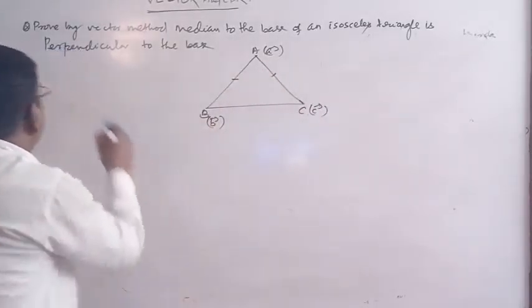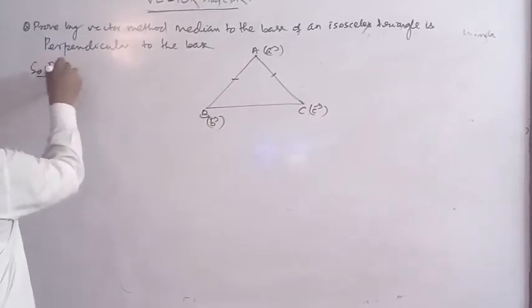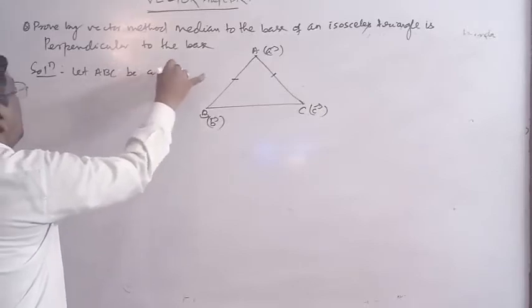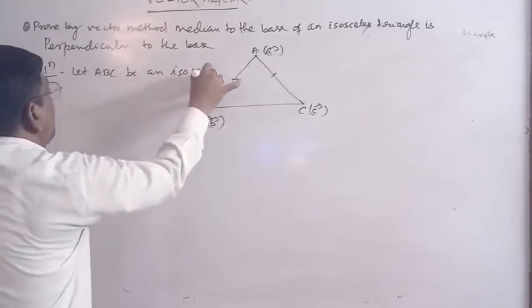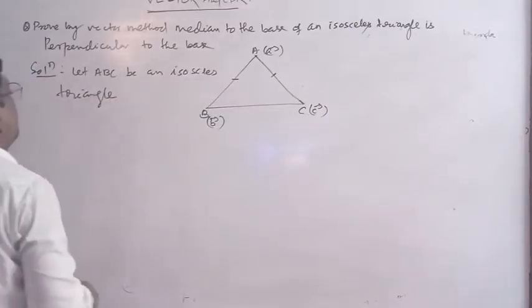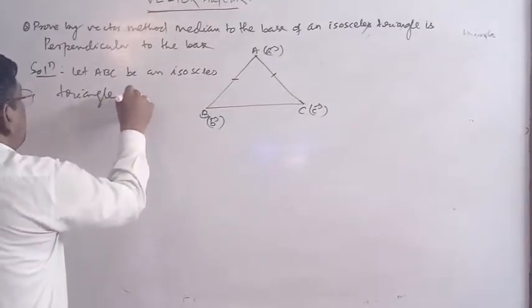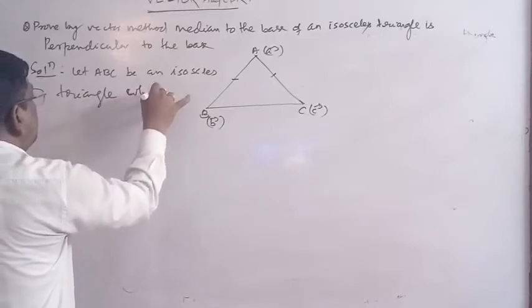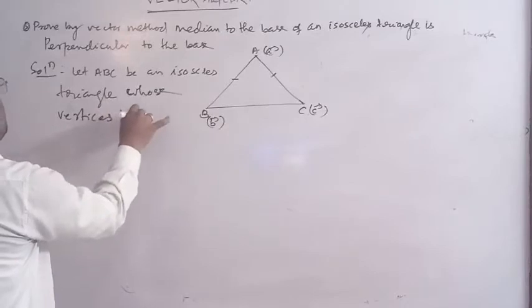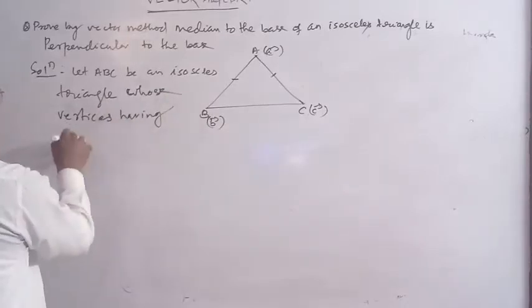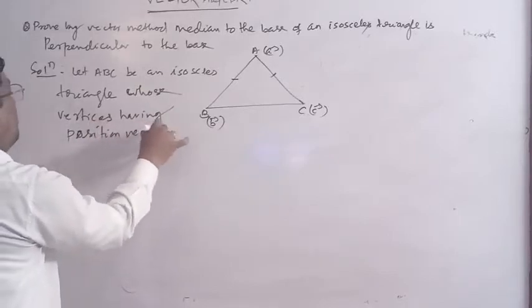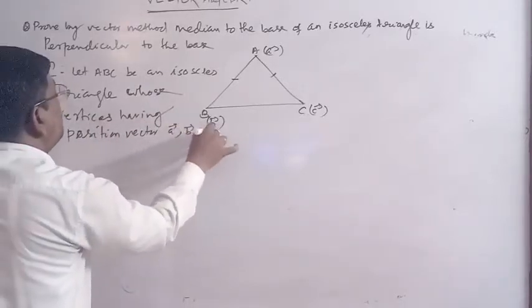Isosceles triangle. Solution: let ABC be an isosceles triangle whose vertices have position vectors A, B and C respectively.